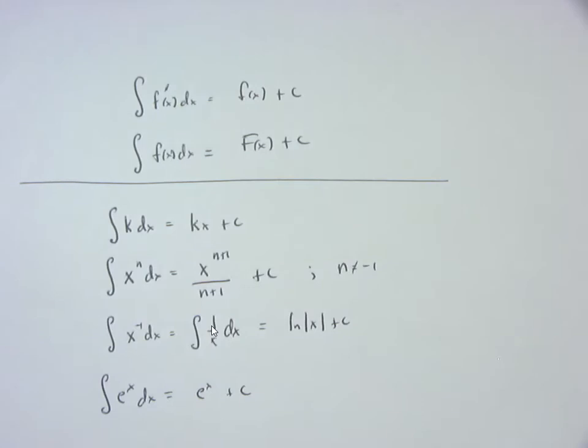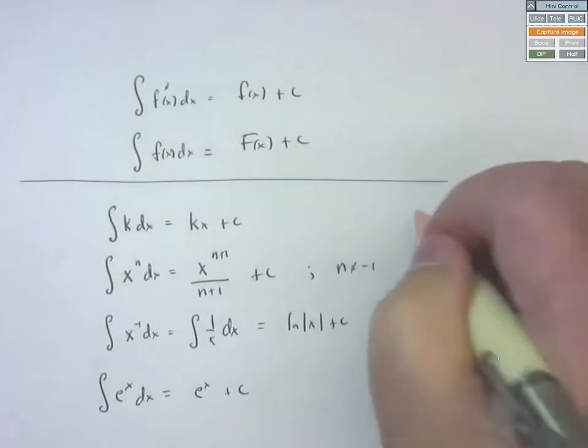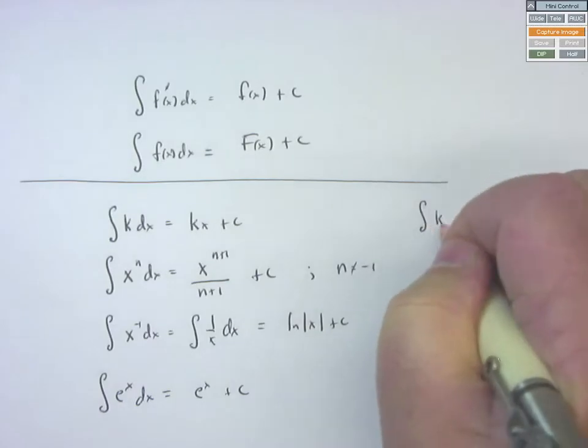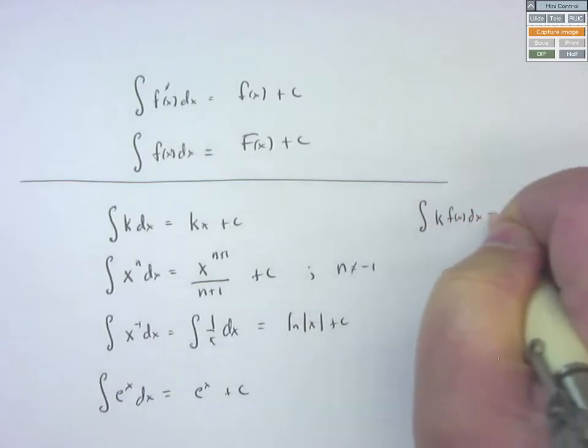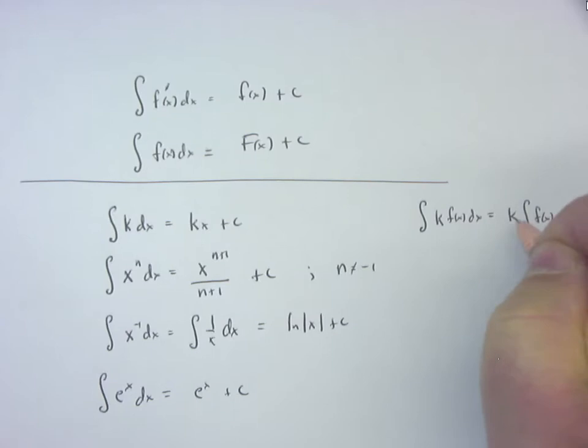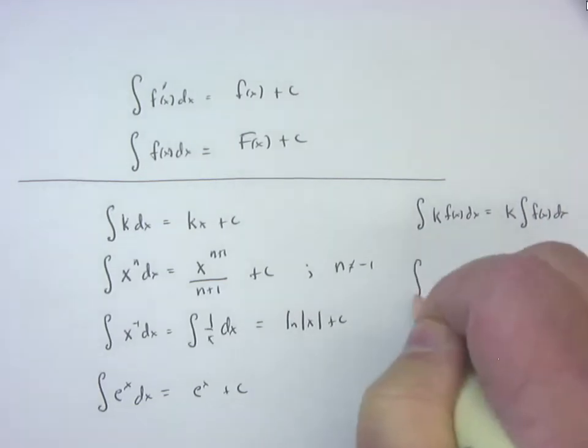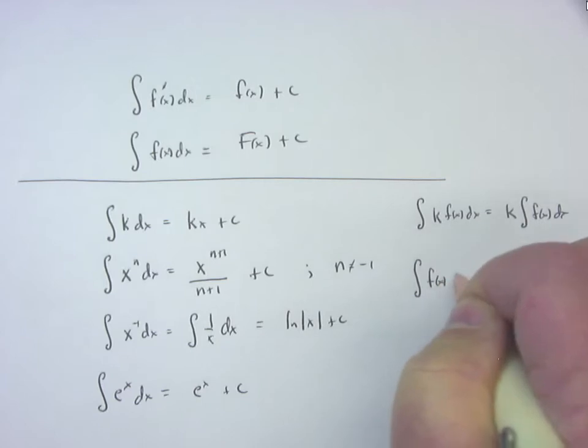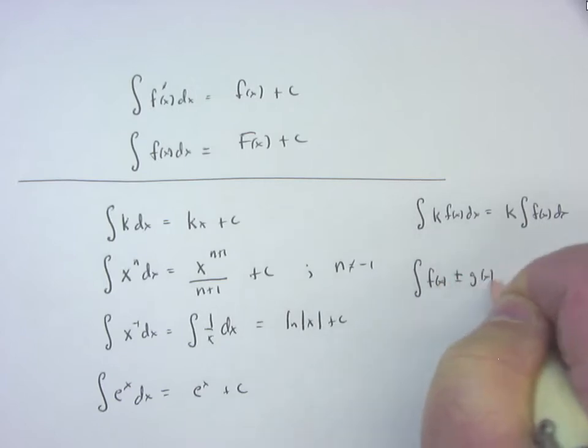And the other two basic rules that we actually talked about were these. The integral of a constant times a function dx. Where do constants get to go? They go out front and they just hold over, and you're focusing on the variable. So that's equal to constant times the integral of f of x dx. And the other one was the integral of f of x plus or minus g of x dx.